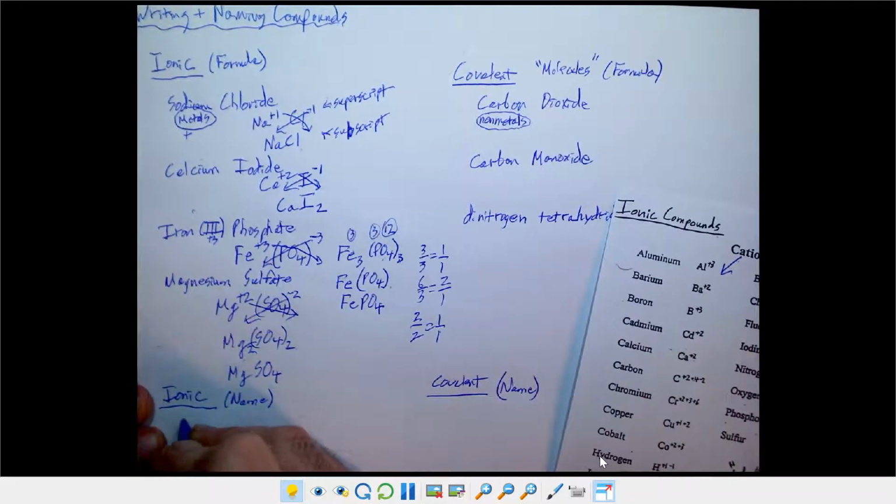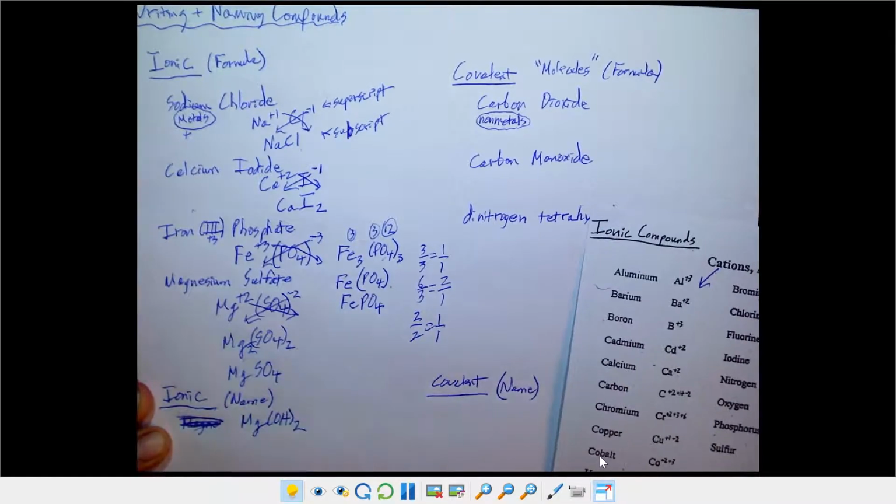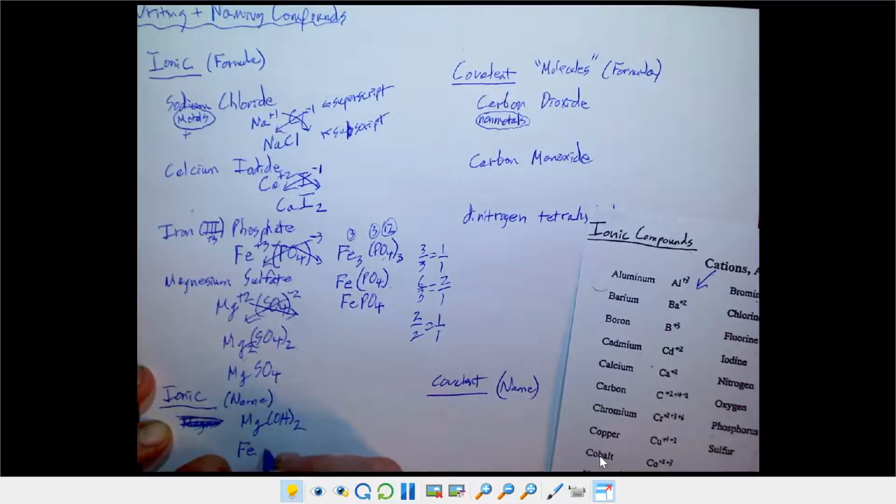Let's say that we're going to do magnesium, MgOH2. Let's say we're going to do that compound. And let's say that maybe we're going to do another one like Fe, and we'll do SO4.